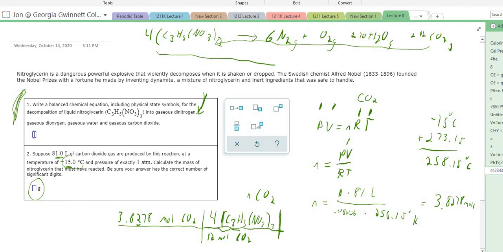If I calculate the molar mass of this, I know that in every 1 mole of nitroglycerin there are 227 grams. So if I do that, I get out of this, including sig figs, that there are 289 grams of nitroglycerin that were consumed, which is what's being asked here.